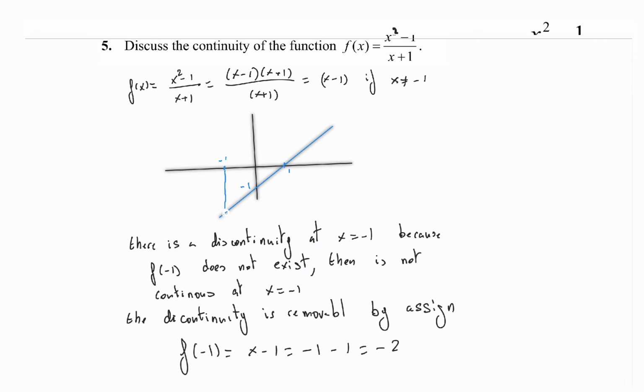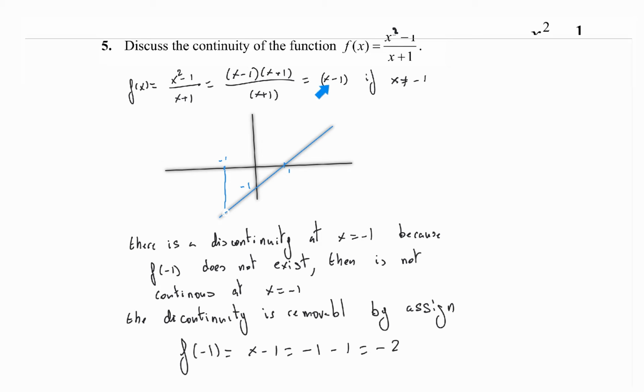The next problem is very similar: discuss the continuity of the function x squared minus 1 divided by x plus 1. So I do the same decomposition of the fraction. x squared minus 1 is x minus 1 multiplied by x plus 1, divided by x plus 1. So this is x minus 1.